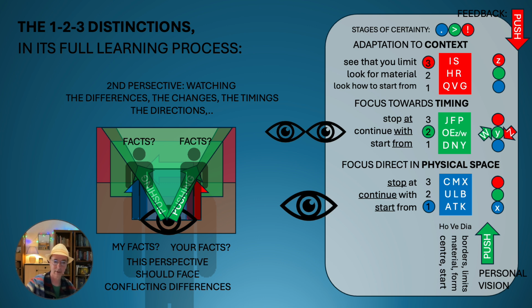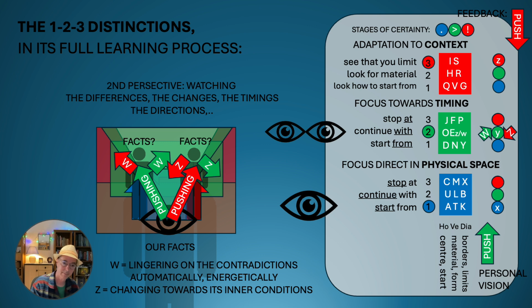You have the push from the feedback system and the push from your opinion or vision or understanding, which go into different directions, and in the middle, within these timings, the differences become clear. And the W actually is the last letter which can still sense the push forward.